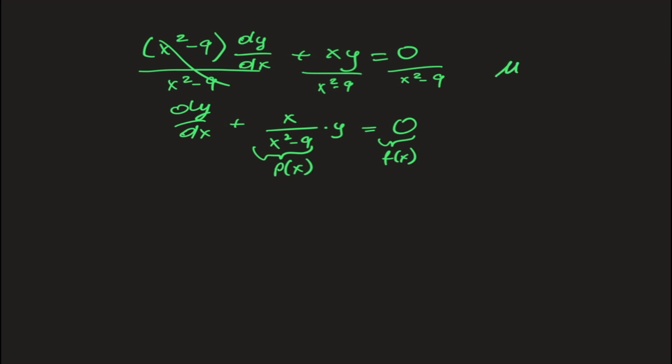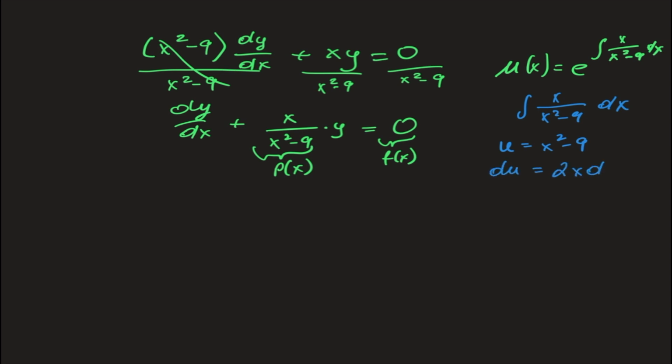So mu of x is e to the integral of x over x squared minus 9 dx. So in order to find this integral, we need to use substitution. So in this integral, we're going to let u equal x squared minus 9, and therefore du would just be 2x dx.